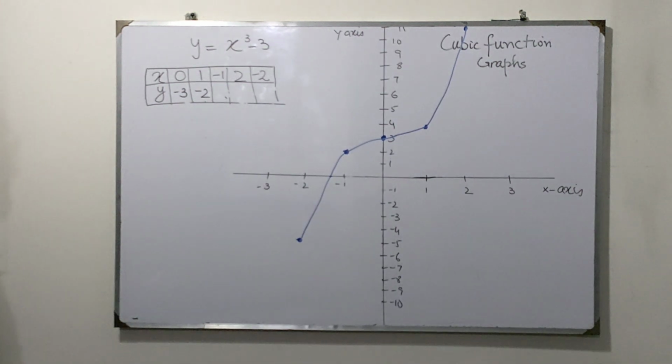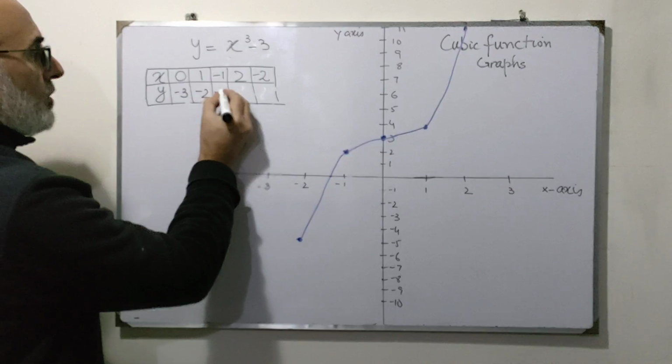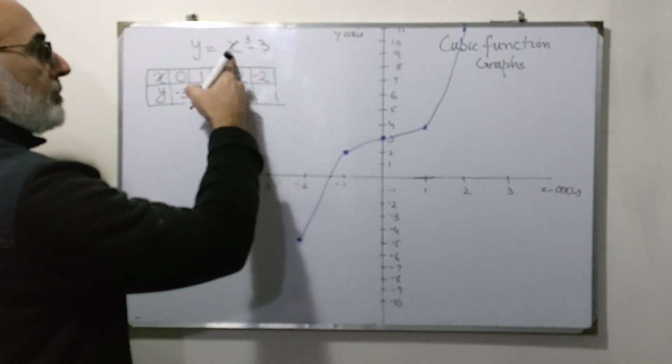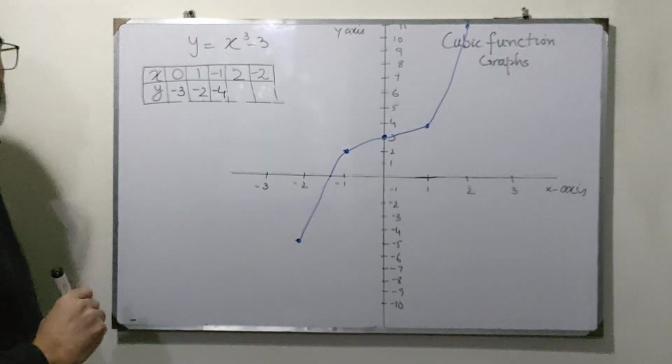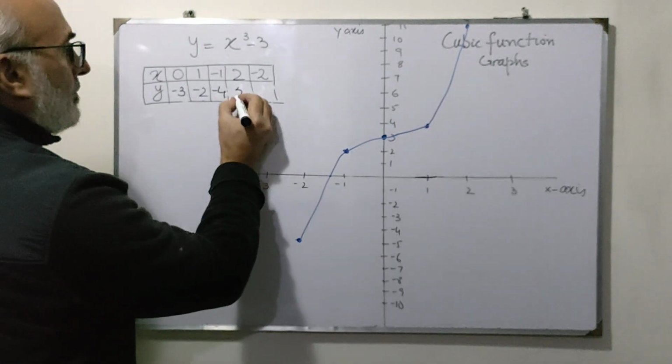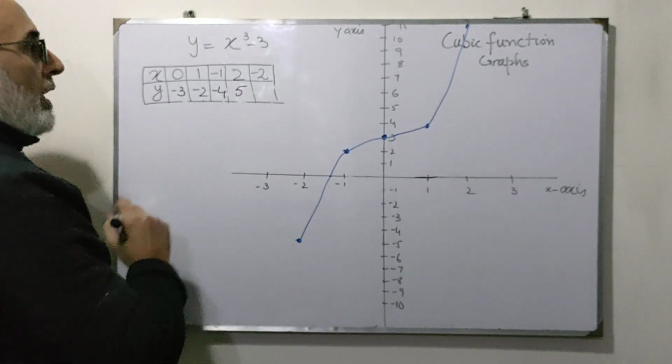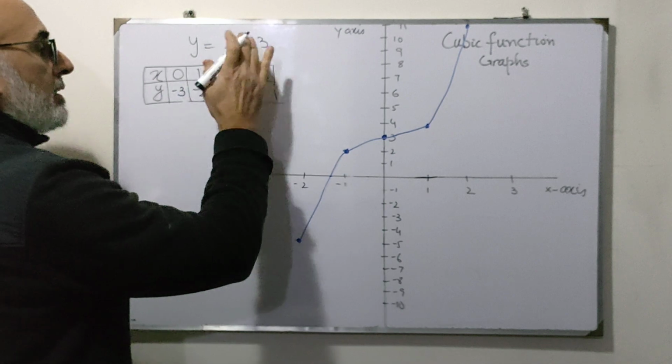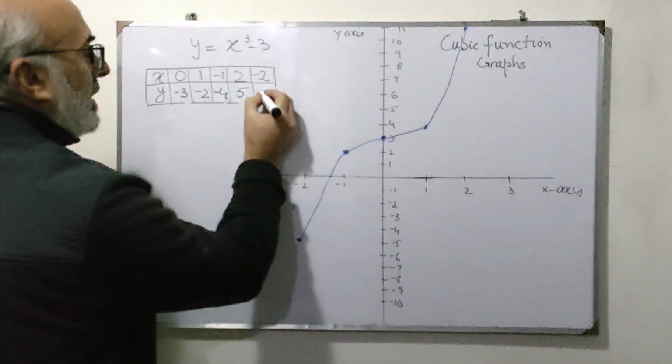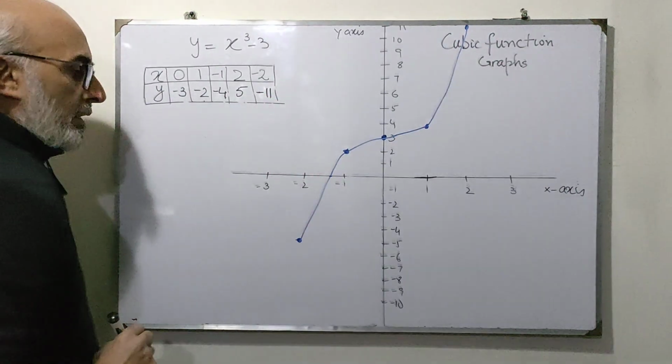Minus 1 and minus 3, minus 4. 8 and minus 3, 5, and then minus 8 and minus 3, minus 11. Okay.